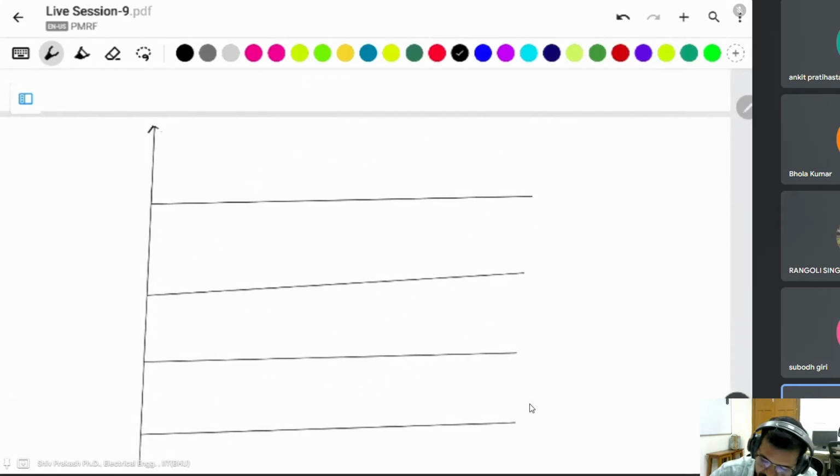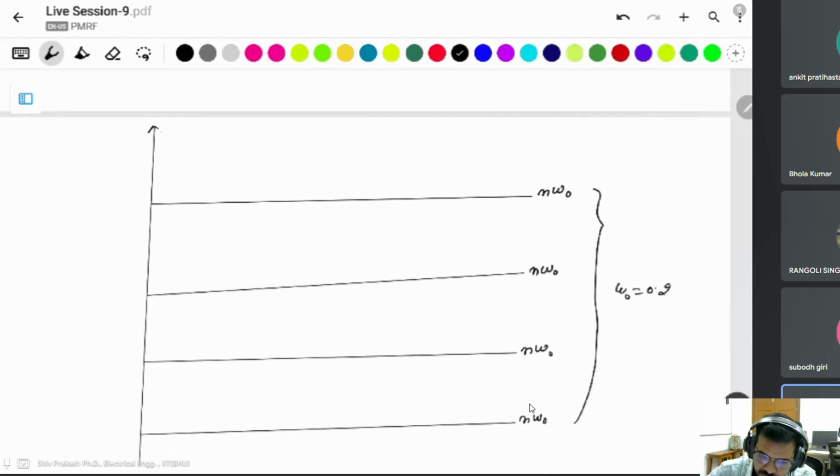Magnitude versus frequency, frequency in multiples of omega naught. Omega naught is fixed, n is variable because of the harmonics, and omega naught is equal to 0.2. This plot is for the magnitude of an, and this plot is for the angle of an. This one is for the magnitude of bn, and this for the angle of bn.